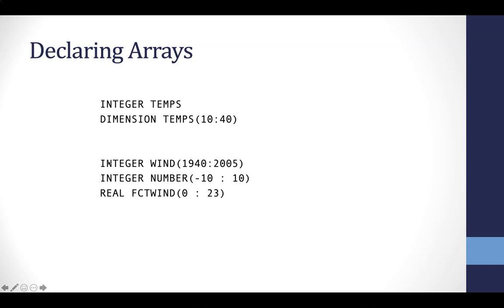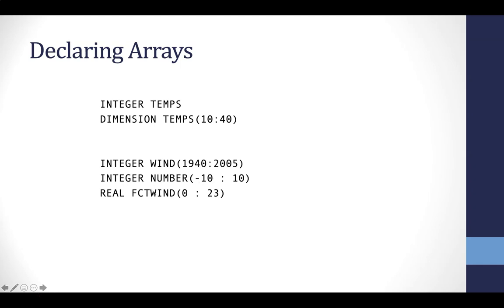But say we had some data by year, and so we could actually make our integer values, our address values, those years, to make it easier to understand what we're actually going for, or trying to pull out at times. And so we might have a wind parameter, maybe that stores wind speed, from 1940 to 2005. Similarly, we could set up another one to be number from -10 to 10, including 0 in the middle.